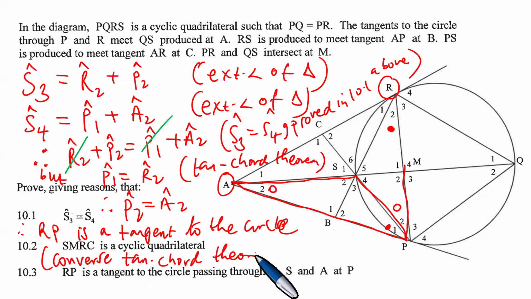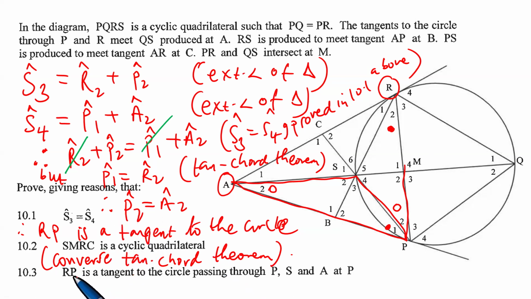There are a couple of things about the converse tan chord theorem that are important. So just take note of this here and make sure you understand this very, very well. We have established this. Exciting stuff. In other words, we've been able to prove the results. What results have we been able to prove?